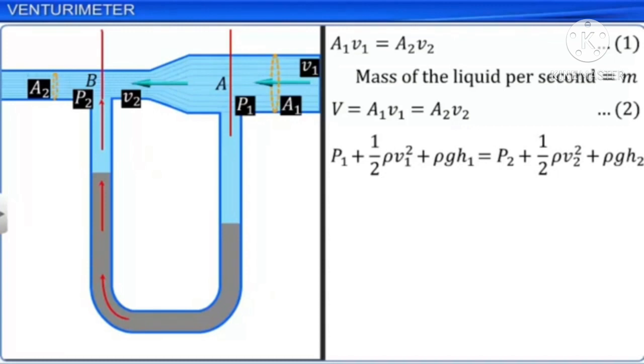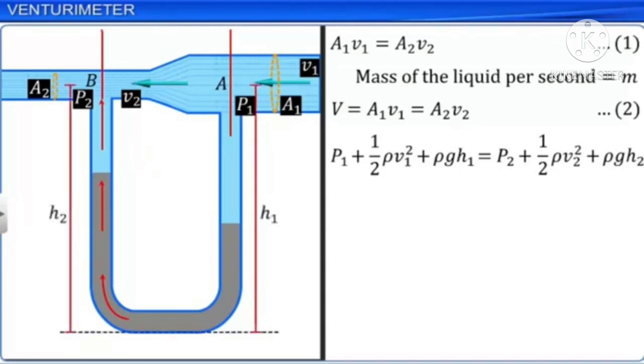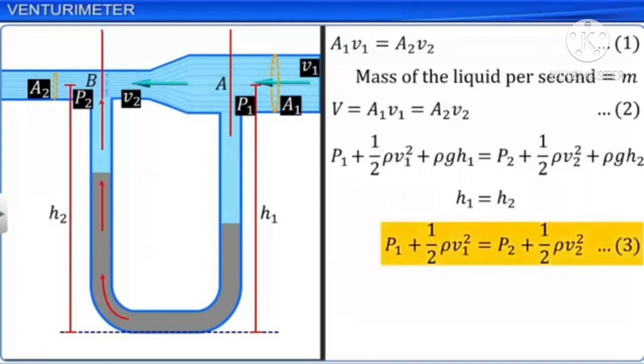As the vertical height of the liquid element flowing through the tube is constant with respect to a reference level, we have H1 equal to H2, and hence Bernoulli's equation takes the form as shown in equation 3. As the velocity V2 is greater than velocity V1, we have pressure P1 greater than pressure P2.